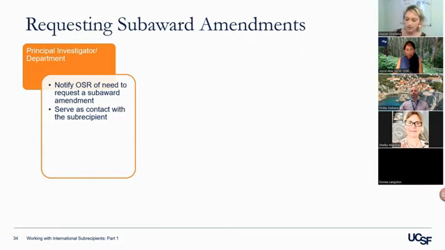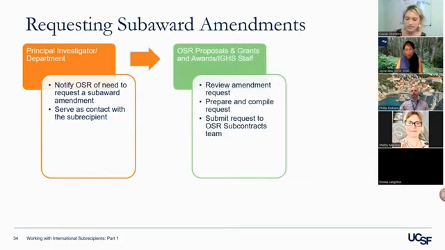OSR proposals and grants or awards or IGHS staff would be reviewing the amendment request, making sure that you have everything that you need, that it's the correct request, preparing and completing the request, including collecting all of the required materials for that action, which we'll talk about in a moment. And then submitting that request to the OSR subcontracts team. So this is the SRF and all of those requirements.